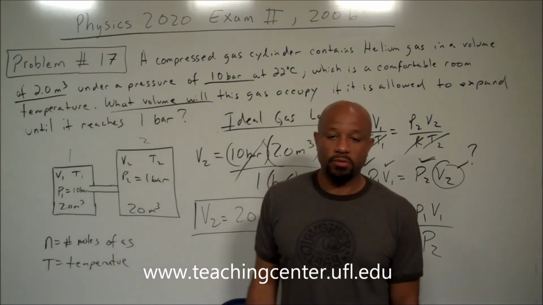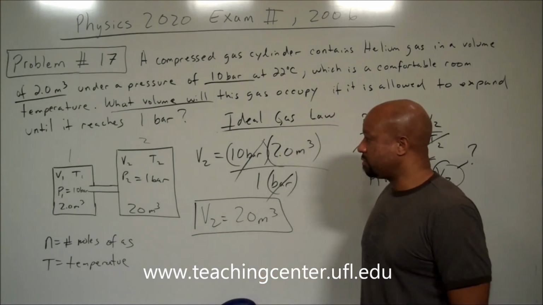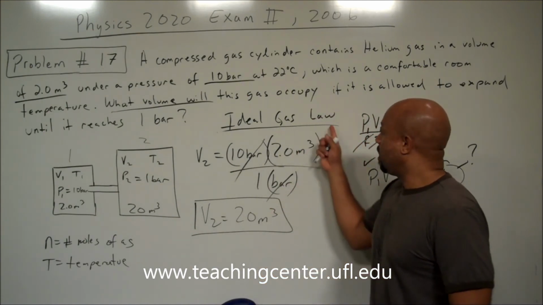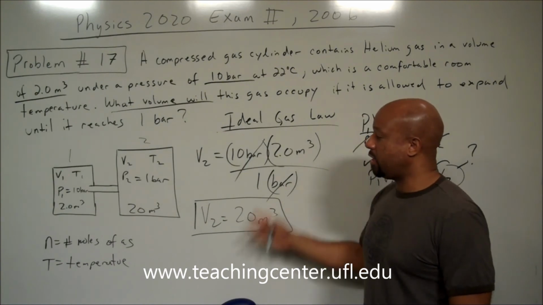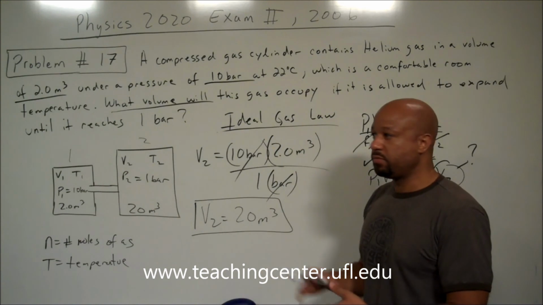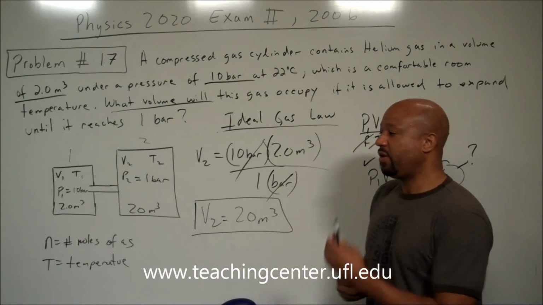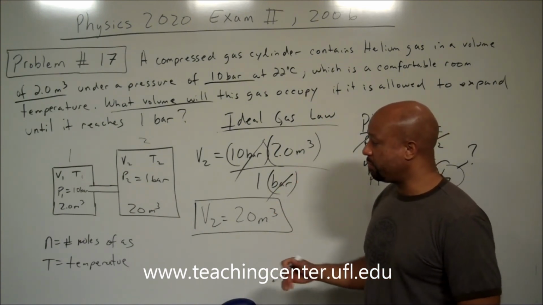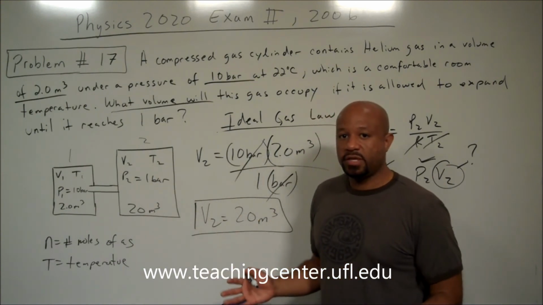So the way we solved this problem was knowing that we had to use the ideal gas law, and understanding that when you have a closed system and you're letting things change by varying the temperature, pressure or volume, the number of moles always stays the same.